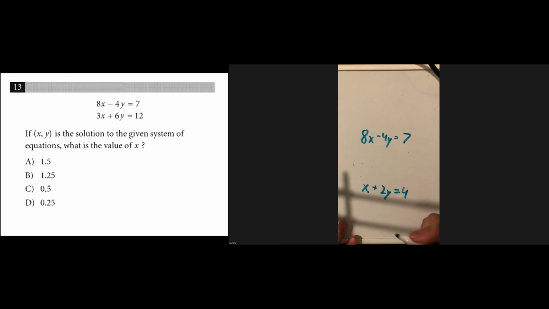So I guess we'll find y first. x equals 4 minus 2y. Just plug in: 8 times (4 minus 2y) minus 4y equals 7. 32 minus 16y minus 4y equals 7.